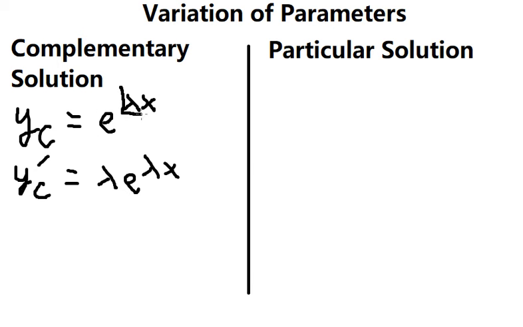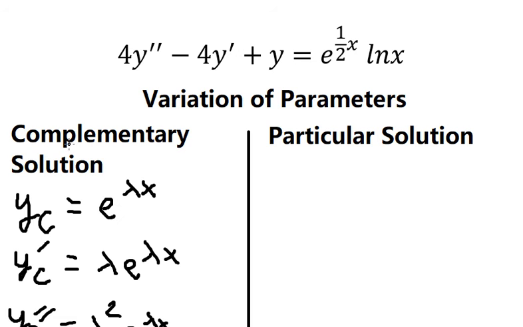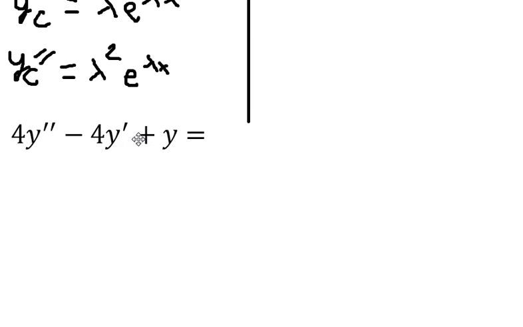Later we do the first derivative of lambda s and you get lambda. Then we do the second derivative and you get lambda squared e to the power of lambda s. Because this is the complementary solution, I will put this one equal to 0.